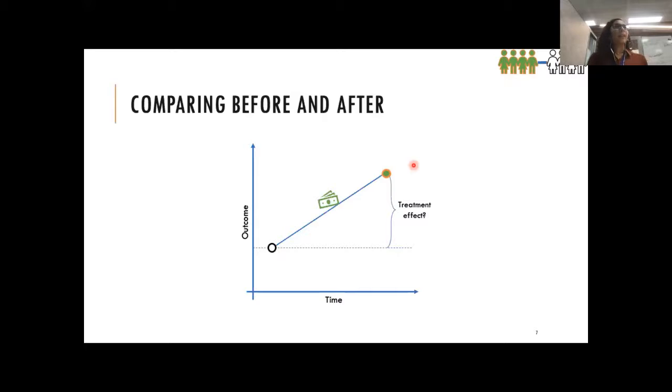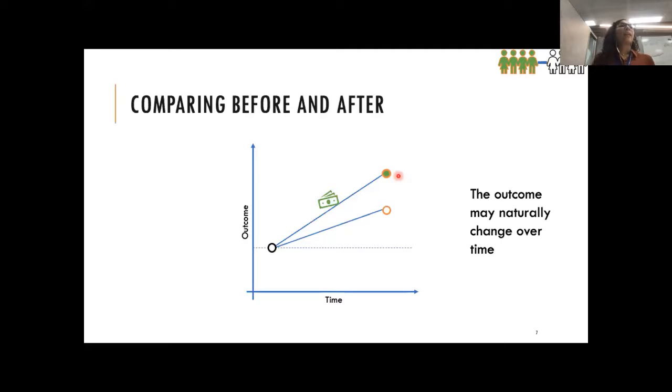So what we may assume is that if we compare the attendance rate before and after the treatment, we will get a treatment effect. But one problem is that in reality, in the absence of a treatment, our participants would have gotten only here. So in the absence of a treatment, the increase wouldn't have been as high as we observe. And that is actually what we want to measure. We want to measure what would have happened to our participants had the intervention not happened.